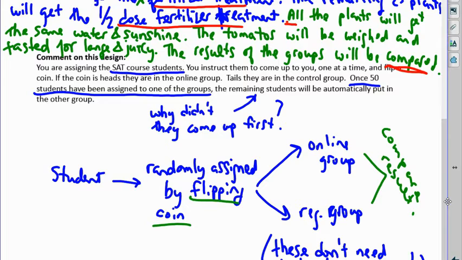There was one example on an AP test where they had a butterfly experiment, and they had a room full of about 100 butterflies and asked students to design an experiment with these butterflies. You can say, I'll label the butterflies from 1 to 100. I will use a random number generator to pick numbers from 1 to 100. The first 50 numbers, ignoring repeats, will be the butterflies in my treatment group.